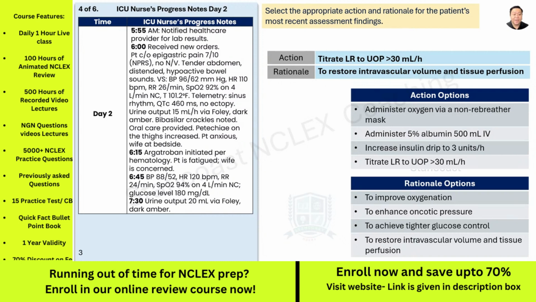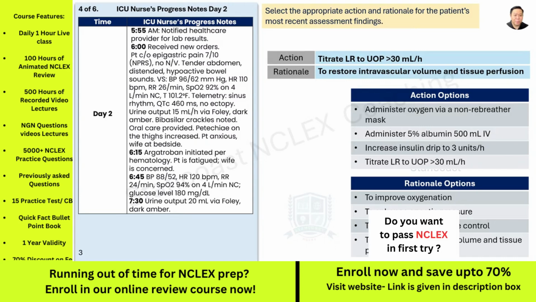Now, what about administer oxygen via non-rebreather mask? This is also not indicated because our patient's oxygen level is fine on 4 liters, 92 right now. Okay, this is something that can be improved with some deep breathing, but putting them on a non-rebreather mask could actually hide signs of real respiratory decline, and it can possibly cause oxygen toxicity, right?